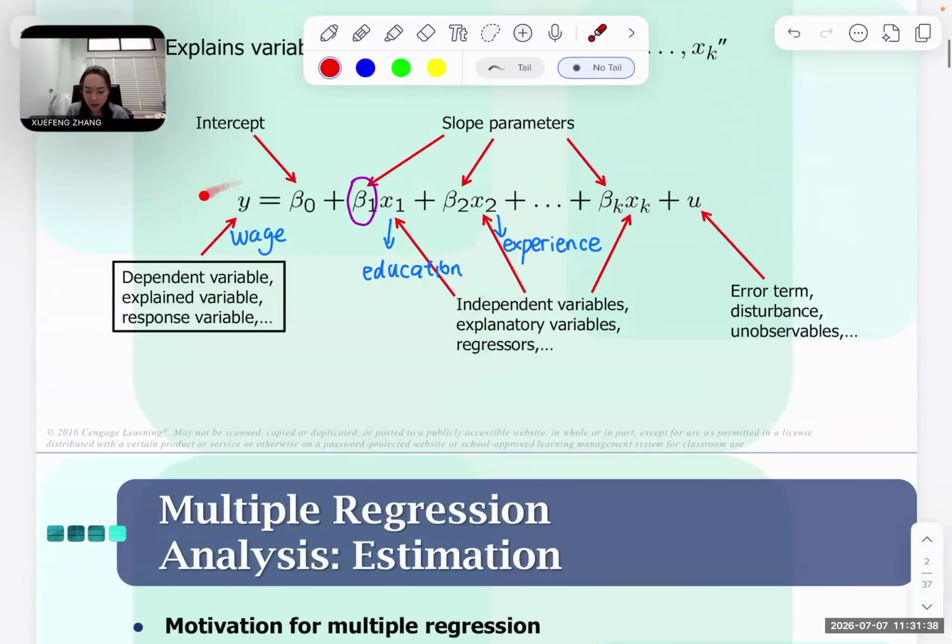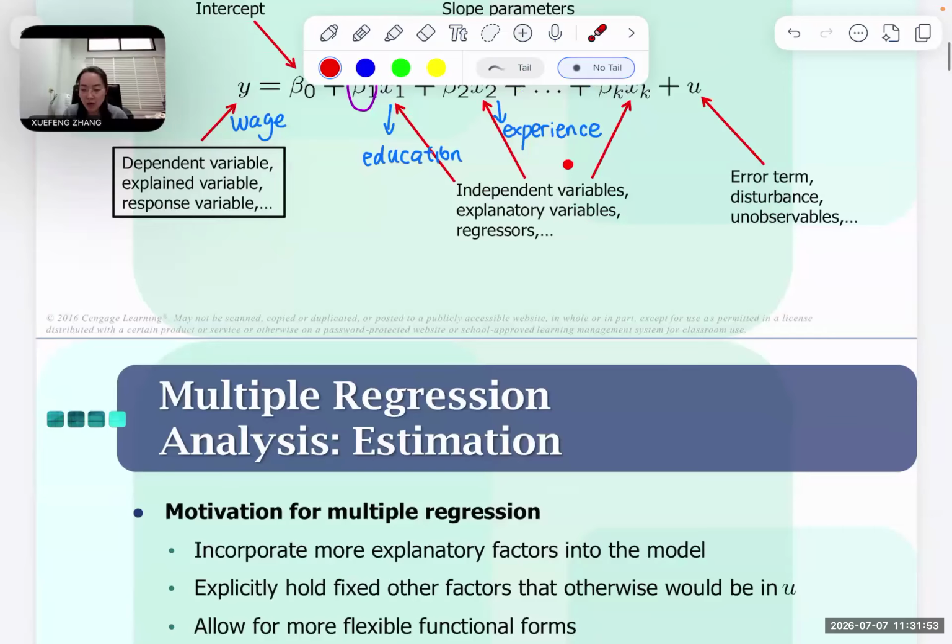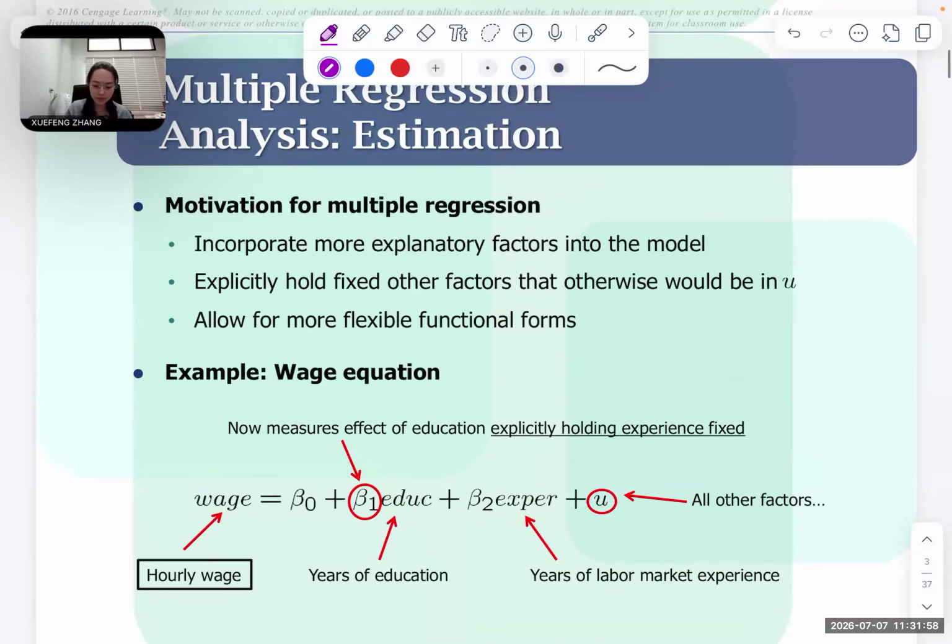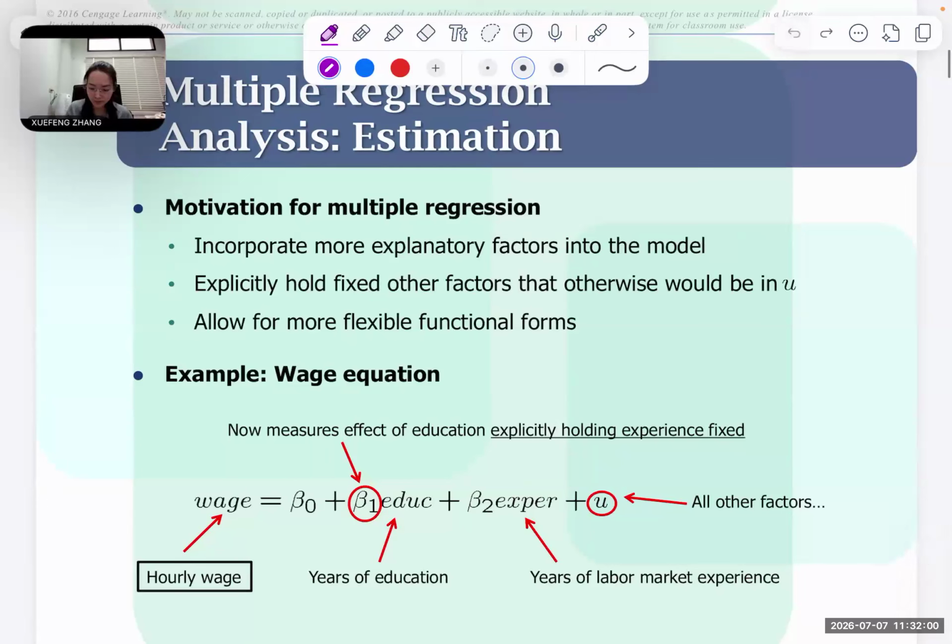Remember, in simple regression, we only have wage and education, right? So experience was stuck in the error term, silently messing up our estimate of the education effect. Now we pull it out and control for it directly. Third, it lets us build more flexible functional forms. We'll see this later with things like quadratic terms or interactions.